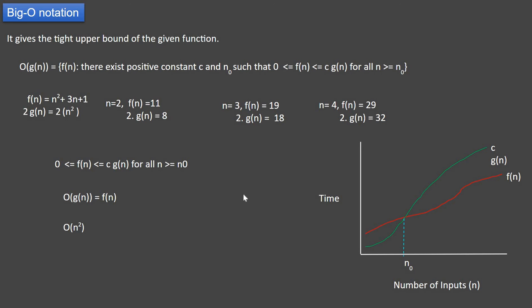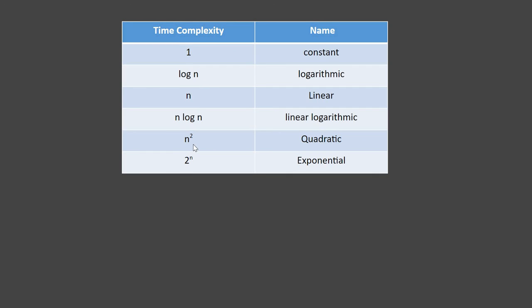Let me show you the chart here. The value was n square, right? If I take the values in n log n or something in the form of log, then it will simply convert the values to the lowest. But what I want is the tight upper bound, so the value should not go too low.